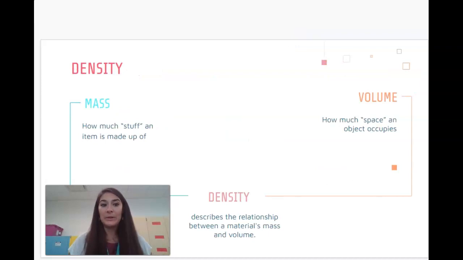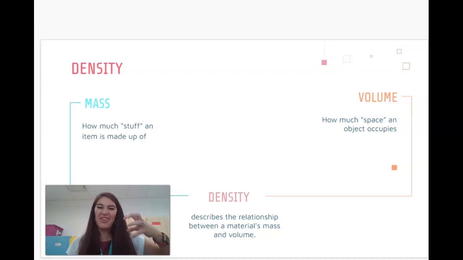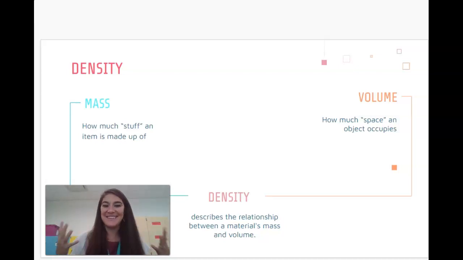Awesome. So when you did that, hopefully your definitions are similar to this, probably a little more thoughtful. These are just quick thoughts, right? Mass, we're talking about stuff. Volume, space. And density, we are relating that stuff to its space, right? Again, that compactness of our stuff in our space, those dots in the squares.